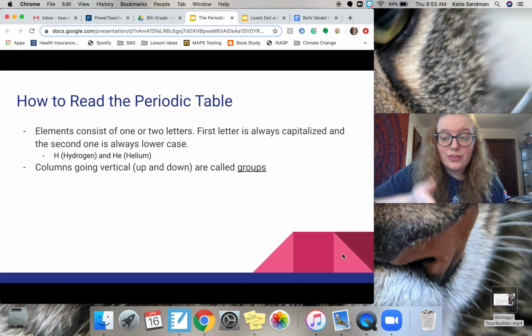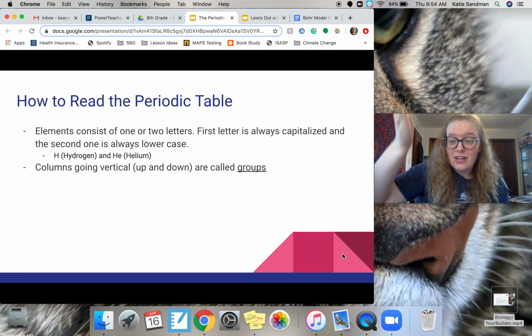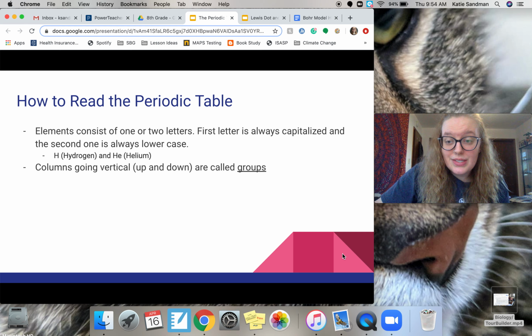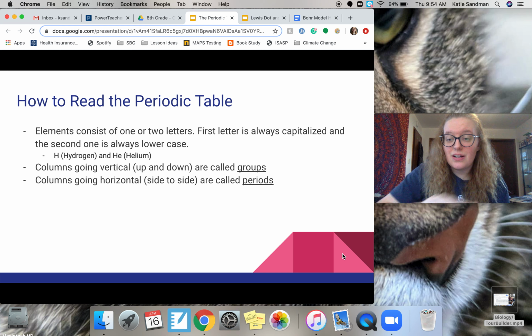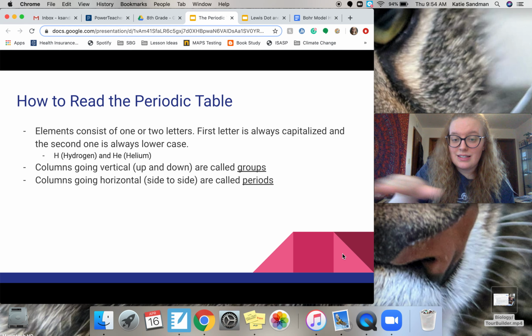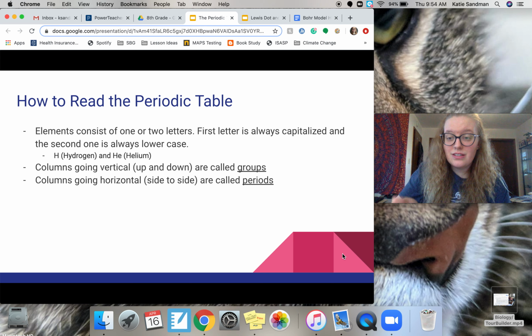Columns going vertical, so up and down, are called groups. Columns that are going horizontal, so side to side, are periods. Horizontal: periods. Vertical: groups.